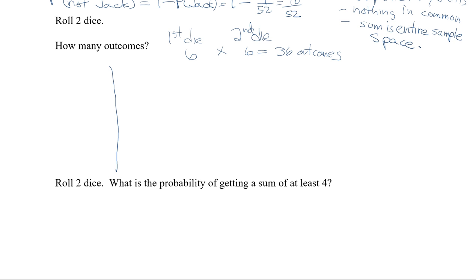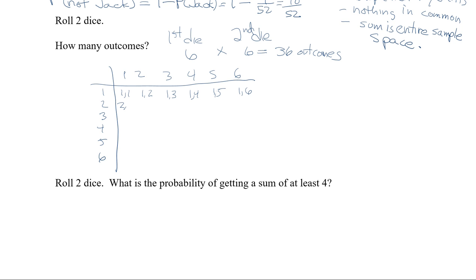So you might ask, how can it be that that gives me 36 outcomes? Well, if I were to try to draw it, if I let one die be 1, 2, 3, 4, 5, 6, the other die can be 1, 2, 3, 4, 5, 6. And so I could get a pair of 1s, I could get a 1 and a 2, a 1 and a 3, a 1 and a 4, a 1 and a 5, a 1 and a 6.